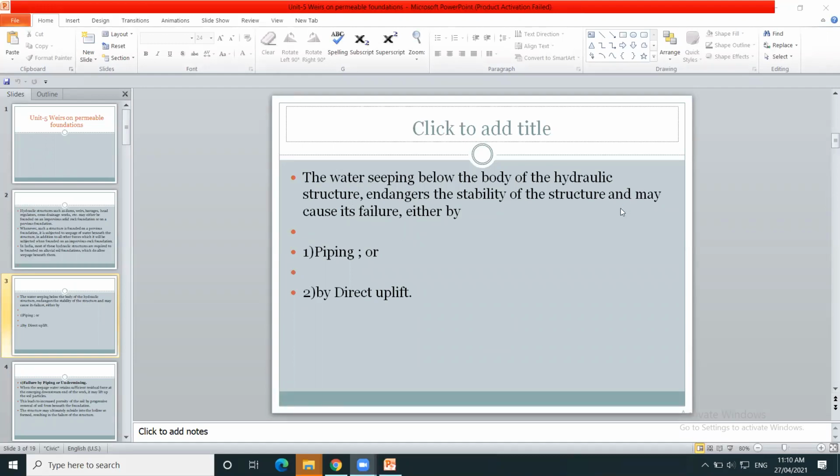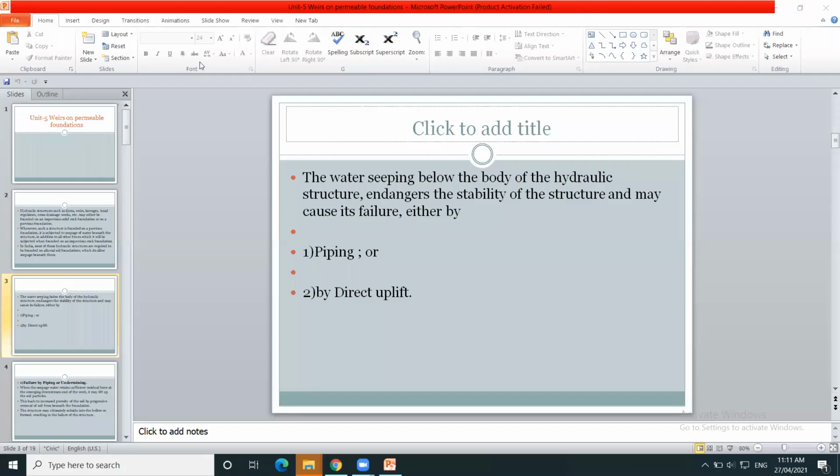The stability of the structure will be affected and may fail. Seepage failure may occur.